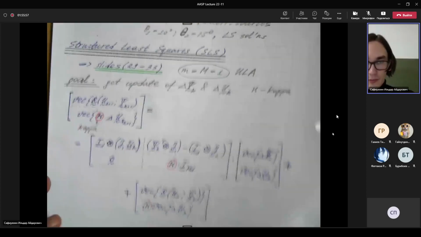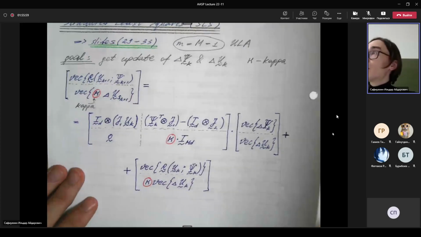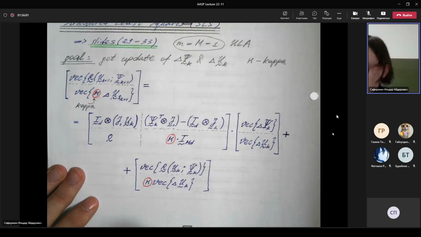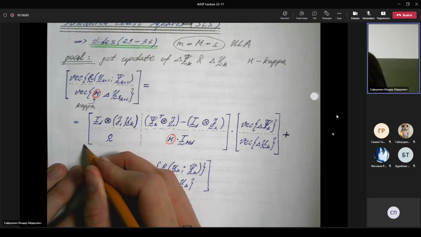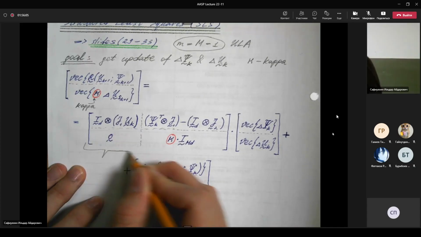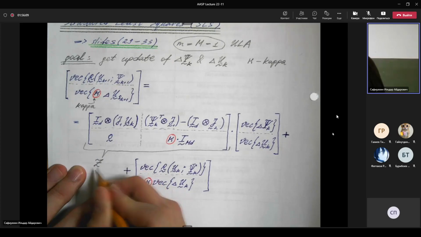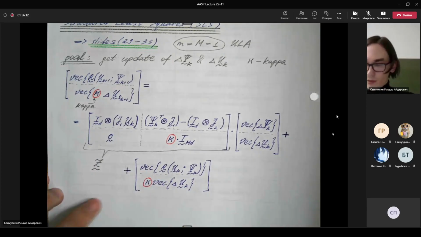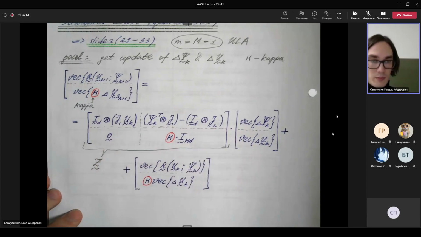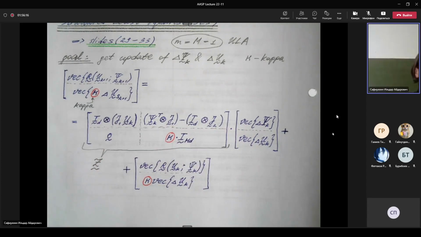So we denote this matrix as matrix Z. So this matrix is matrix Z, and we use this thing to calculate the value of the cost function.